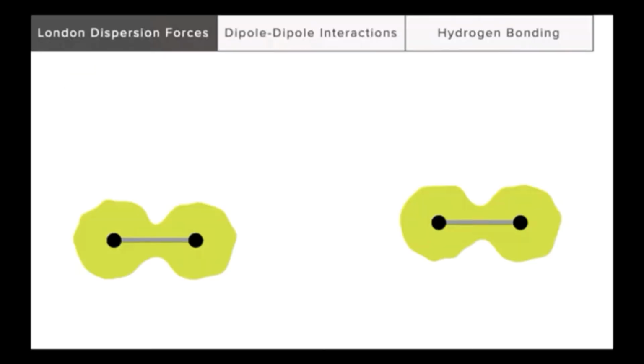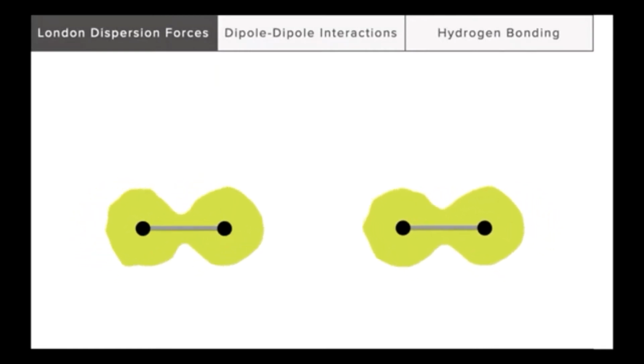All right, so here are 3 simulations just to show you what's happening with each of these types of intermolecular force. For London dispersion forces, remember you've got a nonpolar molecule, so this could be oxygen, for example, 2 oxygen atoms. And when one of the molecules happens to have electrons line up, let's watch this. They're going to get close to each other.